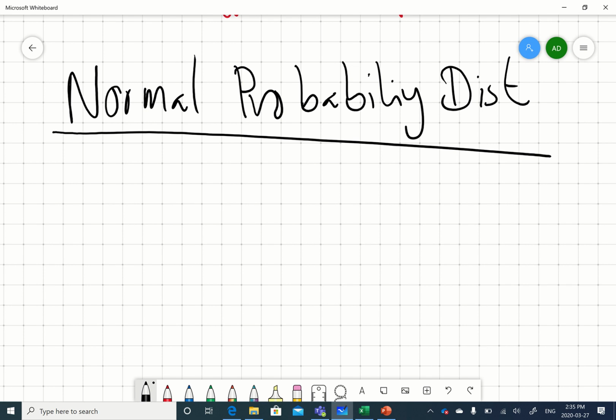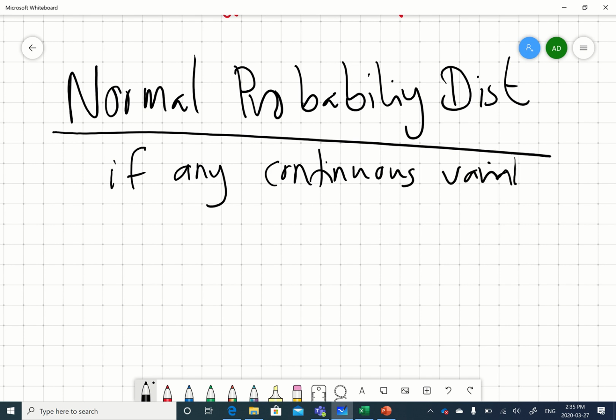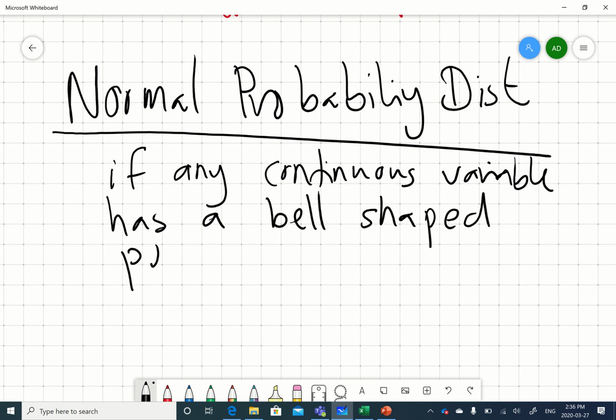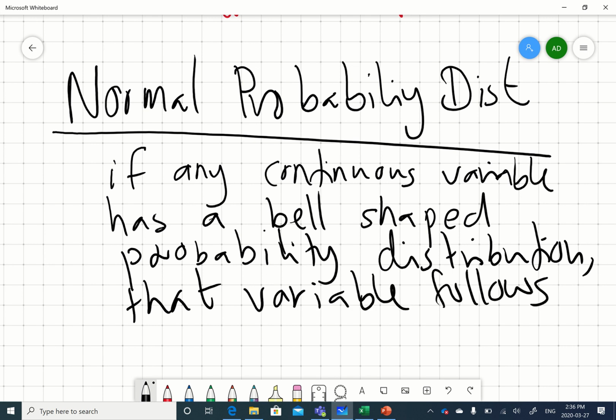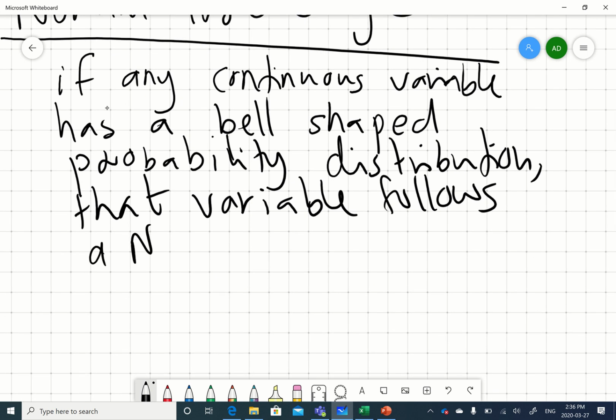So the basic idea is, when you look into its probability distribution, if any continuous variable has a bell-shaped probability curve, that variable follows a normal distribution.